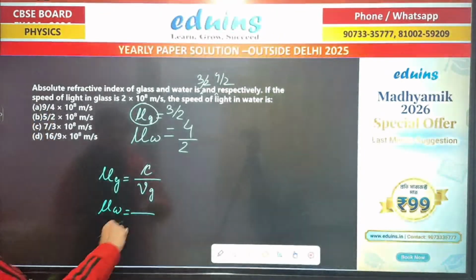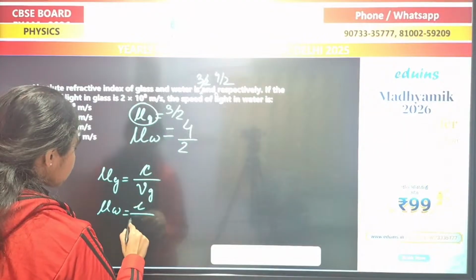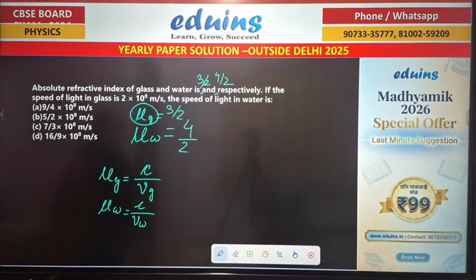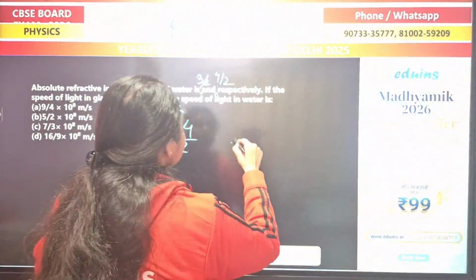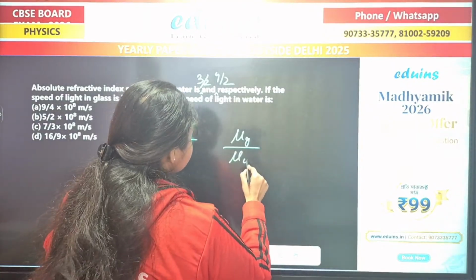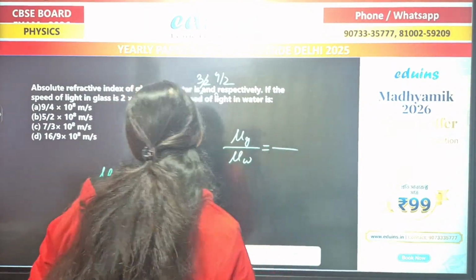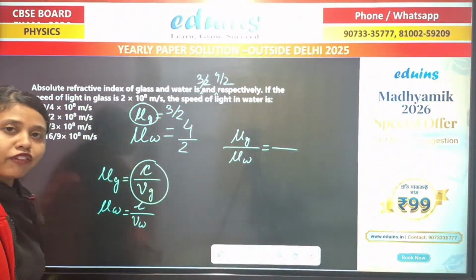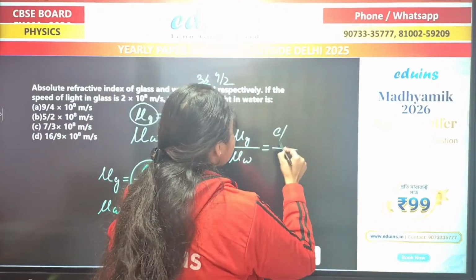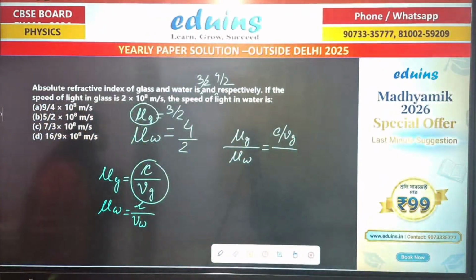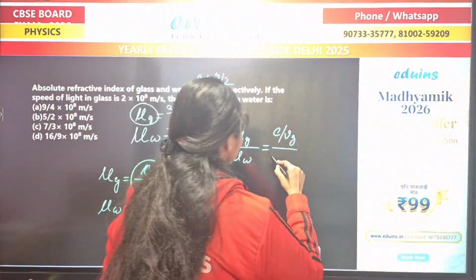We know the speed of light in vacuum and the speed of light in water. So we have to solve this. If we get mu g by mu w, we have to put the value. What is the value of mu g? C by Vg. And what is the refractive index of water? C by Vw.